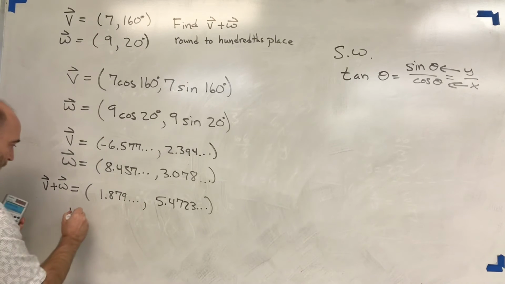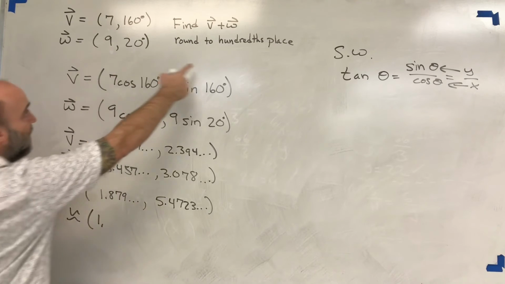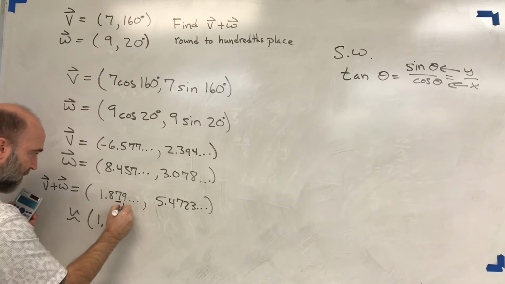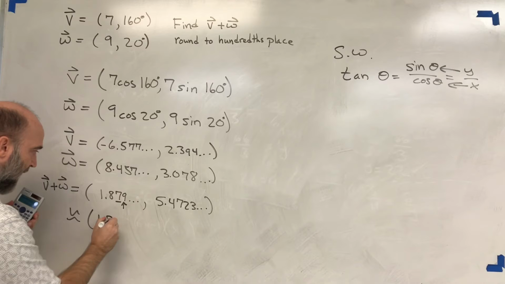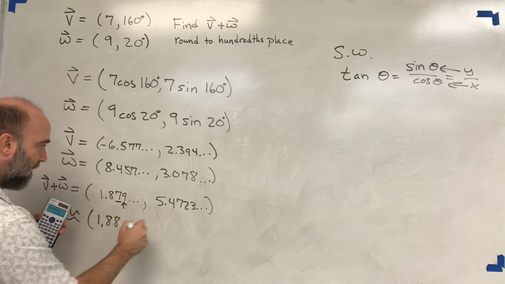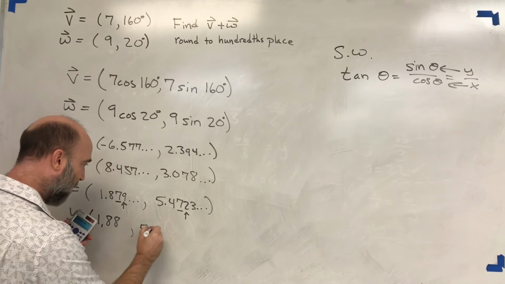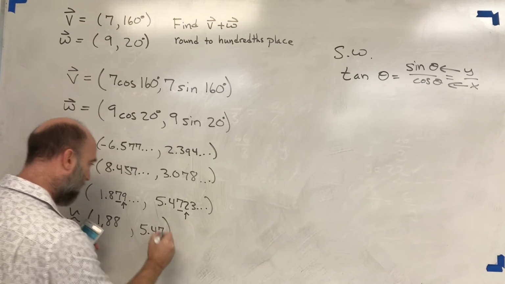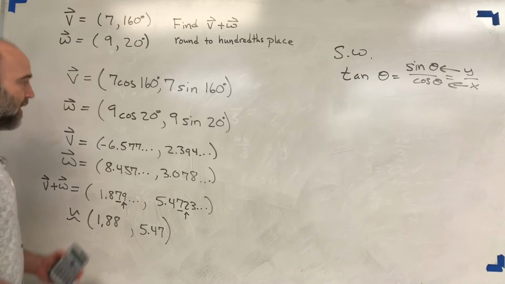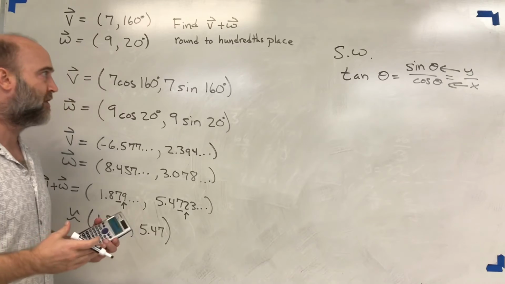So this is approximately equal to 1.88, rounding to the hundredths place, comma, 5.47.